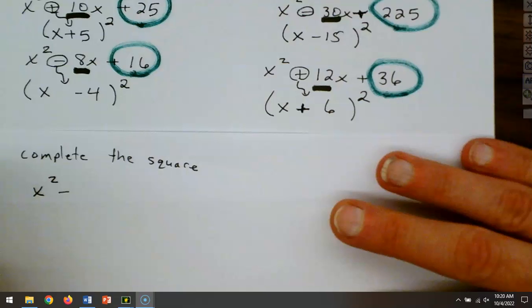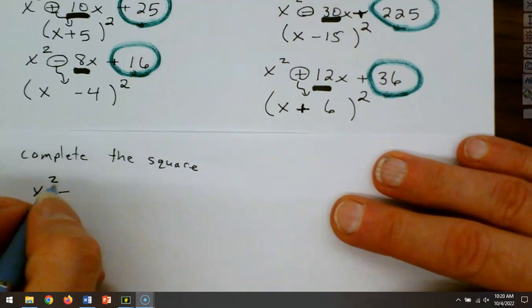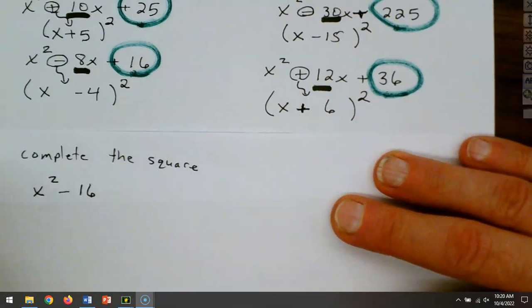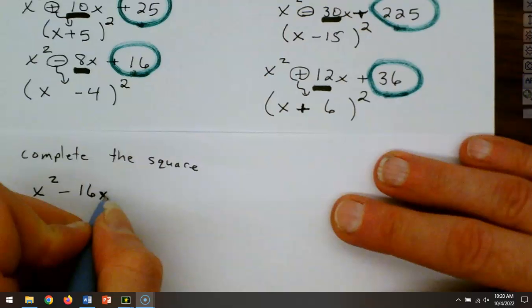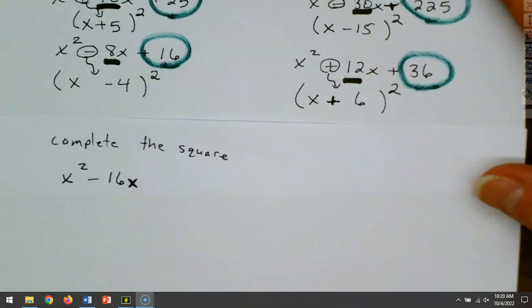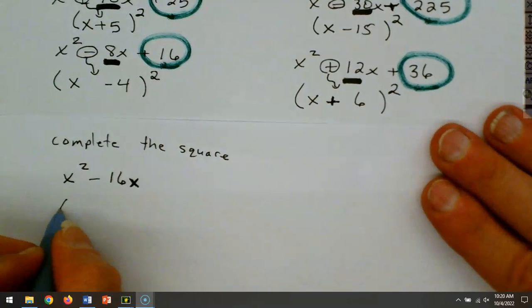So we'll start off with a pretty simple one. How about we use a 16x here and we'll make it negative. So this is what we've got. So I want you to complete the square.